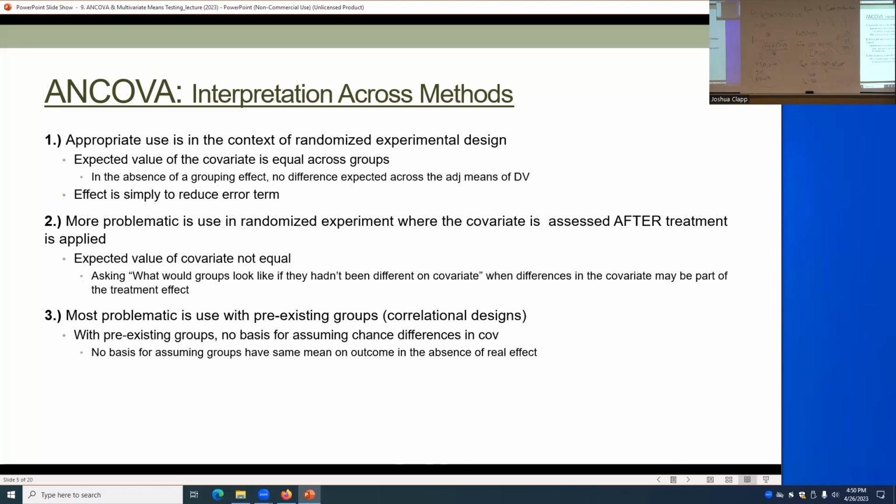This happens in my area, like looking at differences between people with and without PTSD, controlling for depression. It doesn't make any sense to ask how people with PTSD are different from people without PTSD if they didn't differ on depression scores, because they do. They're for sure going to differ. So asking what they would look like if they didn't is not a useful question to ask, right?